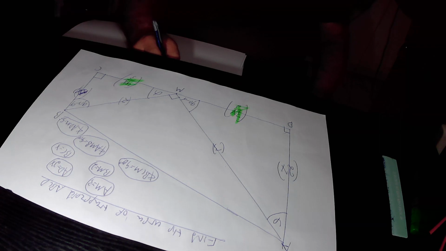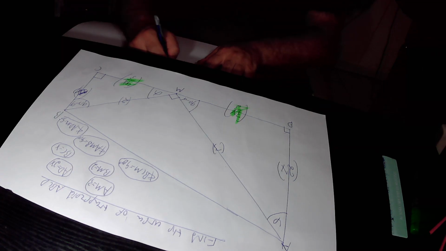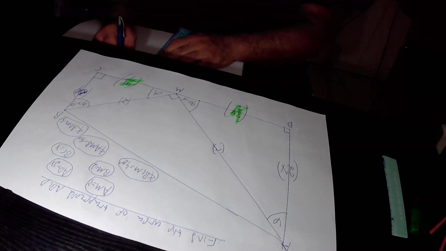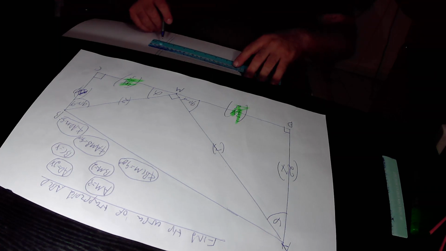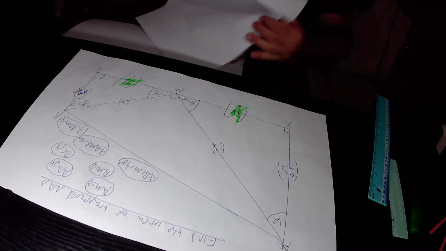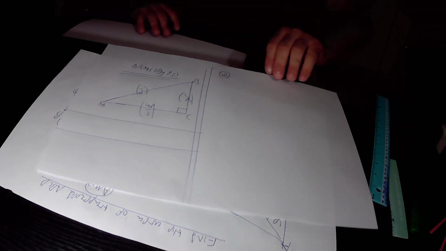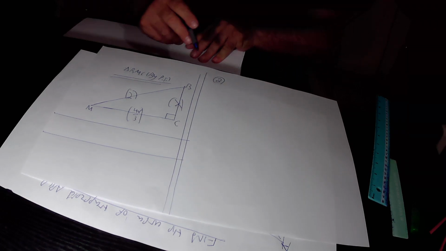Here is the progression for the Pythagoras theorem. This is the small right triangle BMC that I copied from the original drawing.